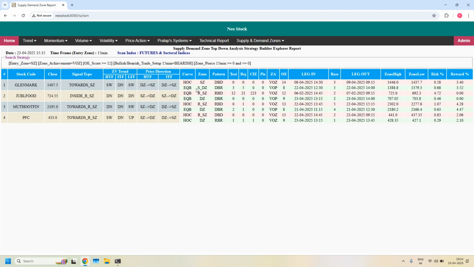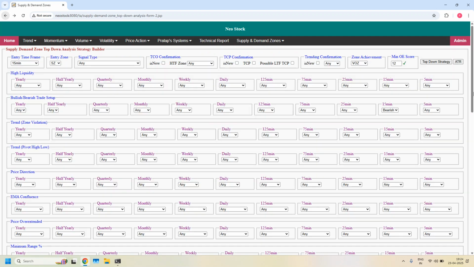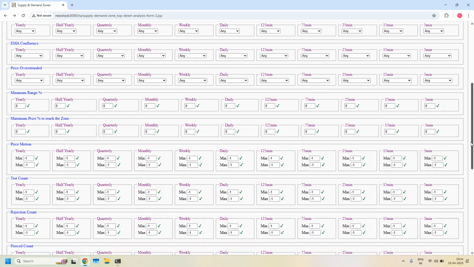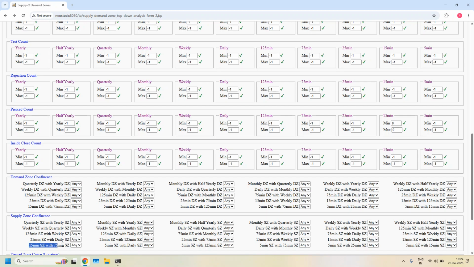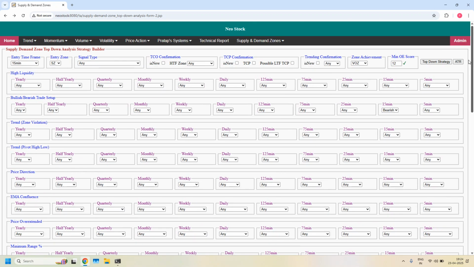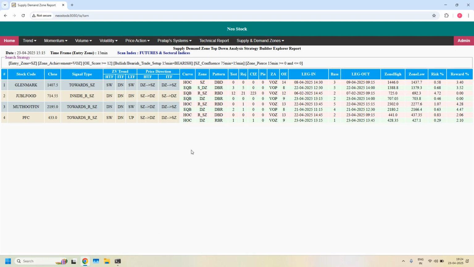Let's filter high probability setup 15 minute supply zones from this list based on zone confluence. First filter, 15 minute supply zone with 75 minutes supply zone confluence. By enabling the filter, out of 4, we got all 4 stocks. In all 4, 75 minutes trend is downtrend.